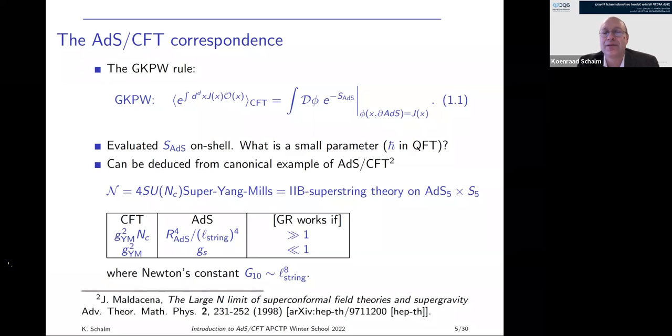We know GR works if I make that finite number infinitely large, and then I have a beautiful geometric description in terms of a dynamical metric that's governed by Einstein equations, right? But suppose I make it not infinitely large, but large and finite. How should I think then of geometry? How should I think of what that object is?